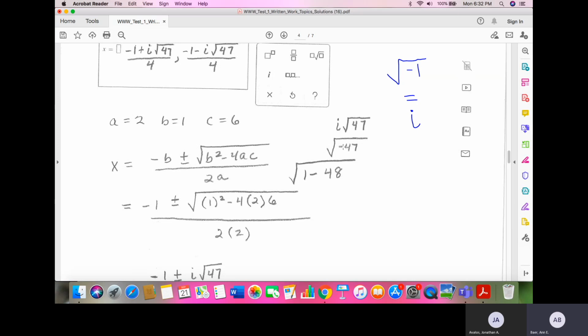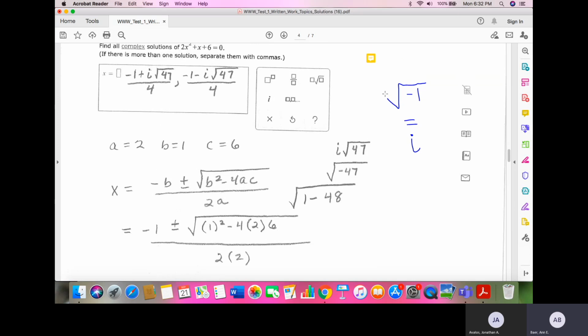This negative sign here is really the same as -1. You can replace this negative sign with -1, I could sneak a 1 in there. So the square root of -1 is i. So this negative sign comes out as i. So we get i square root of 47.